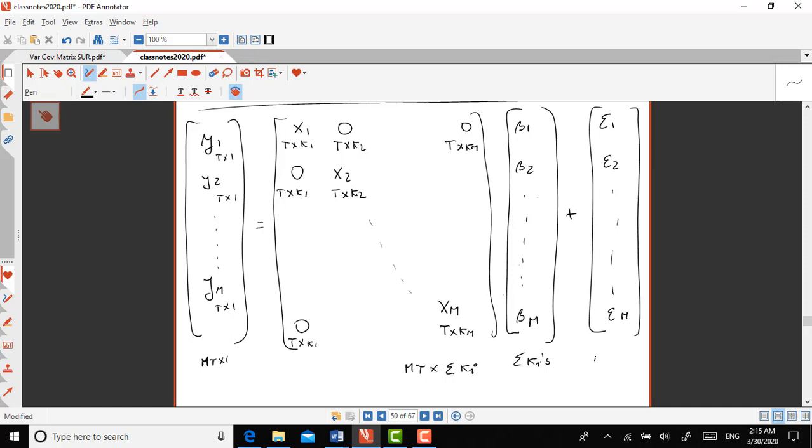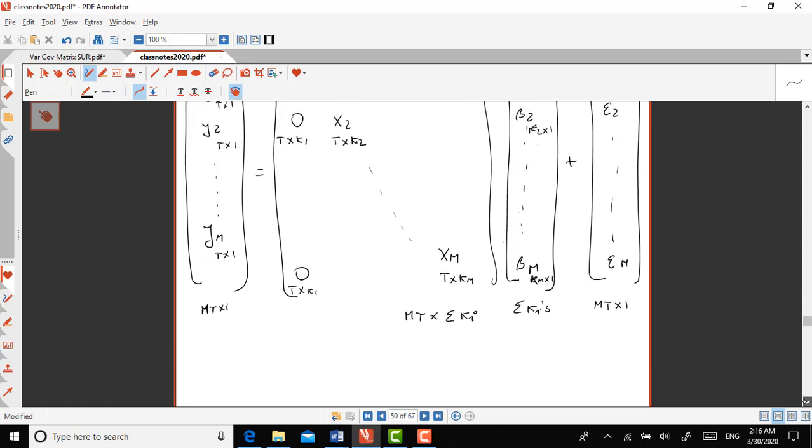This is going to be the same dimensions as y, mT times 1. Remember the dimensions of the coefficients are k1 by 1, k2 by 1, km by 1. So that's why here we have the sum of all the ki.